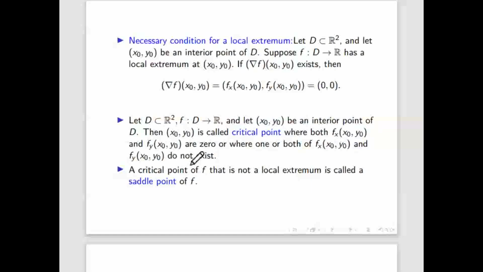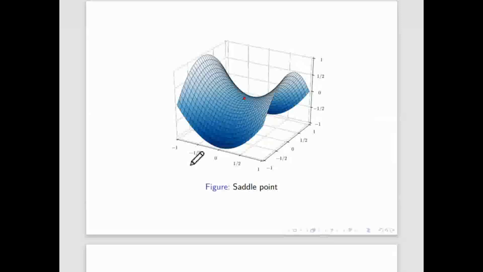So a critical point of a function f that is not a local extremum, that means it is not a maxima or minima, is called a saddle point. Saddle point means neither maxima nor minima. Now in this picture we can see this red dot. This point is neither maxima nor minima.